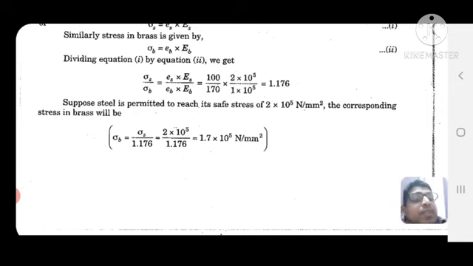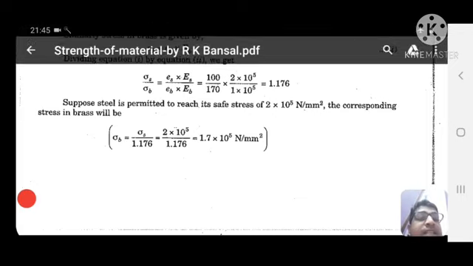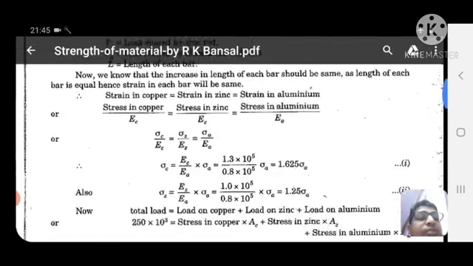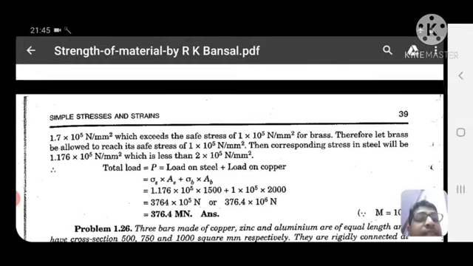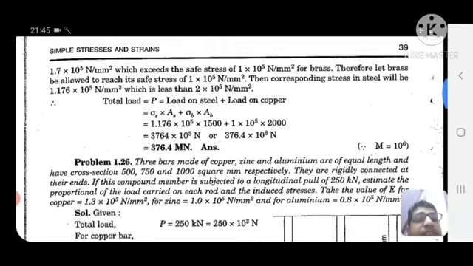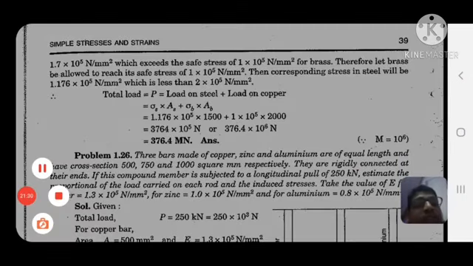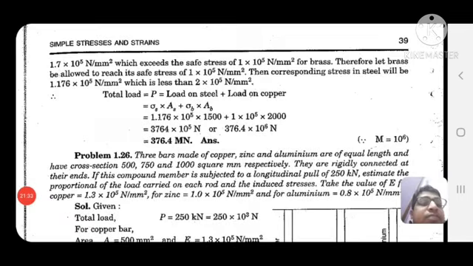Suppose steel is permitted to reach its safe stress, 2 times 10 to the power 5 Newton per millimeter square. The corresponding stress in brass will be sigma B is equal to sigma S by 1.176, that is equal to 1.7 into 10 to the power 5 Newton per millimeter square, which exceeds the safe stress 1 into 10 to the power 5 Newton per millimeter square for brass.